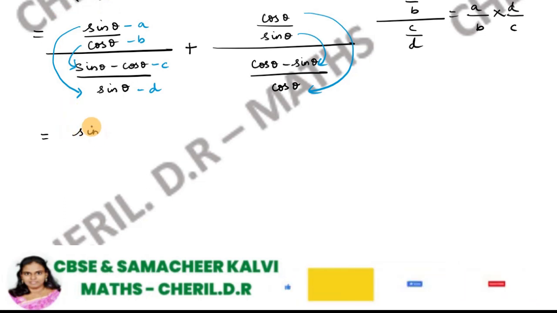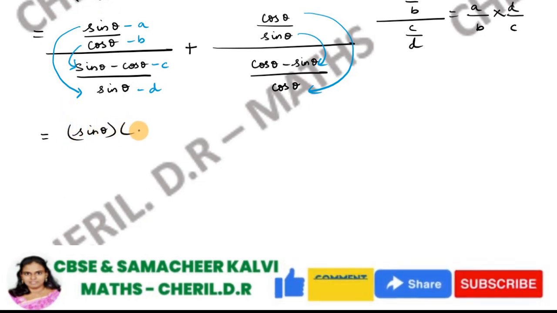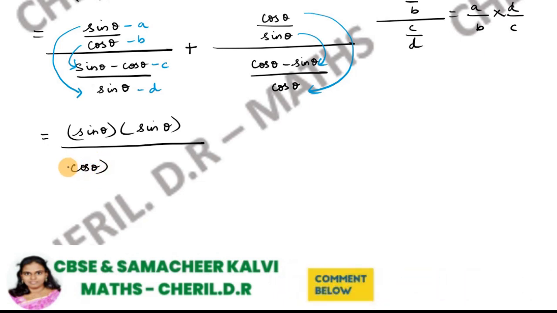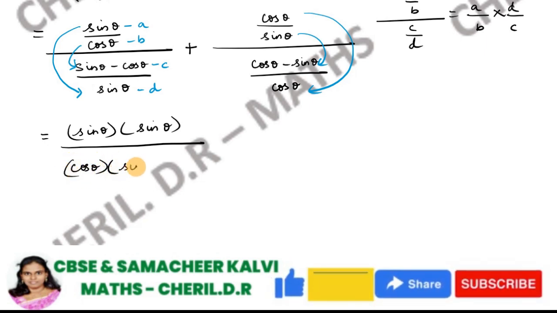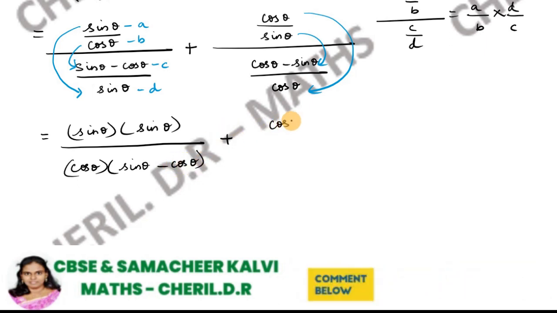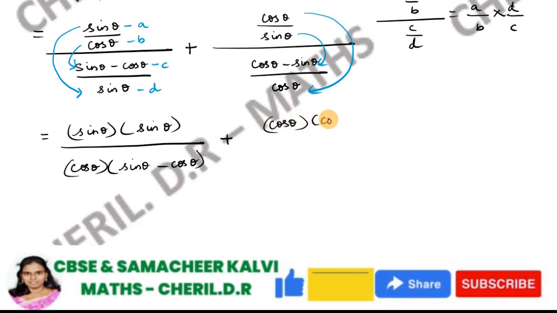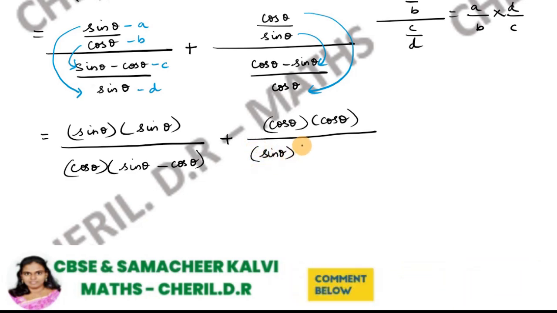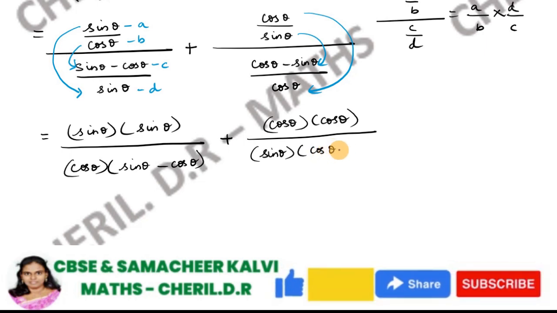So it will be sin theta into sin theta divided by cos theta into sin theta minus cos theta, plus cos theta into cos theta divided by sin theta into cos theta minus sin theta.